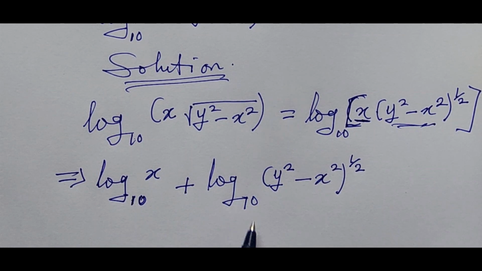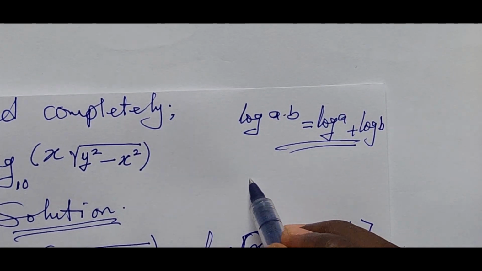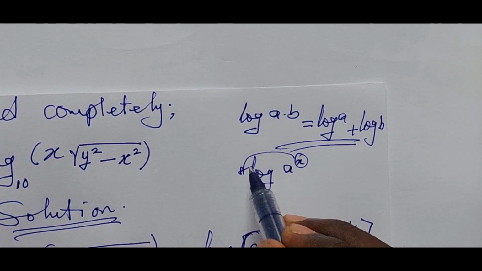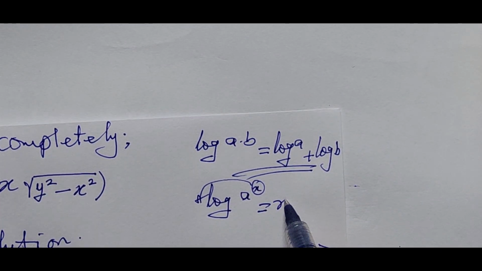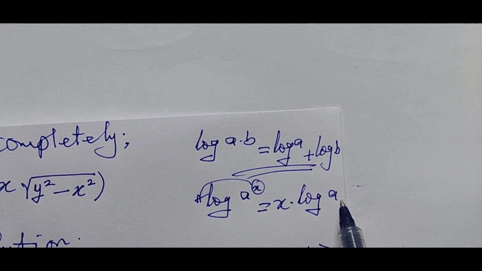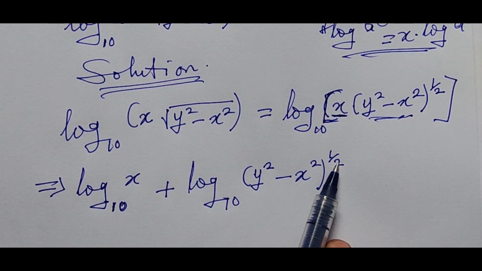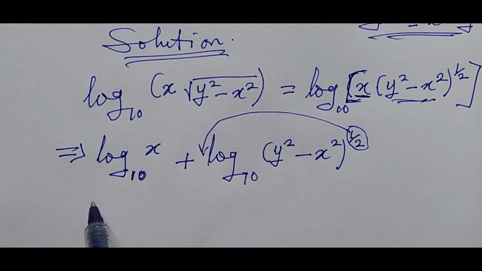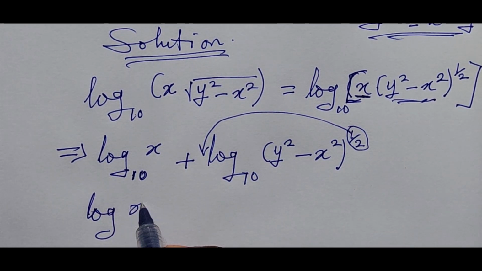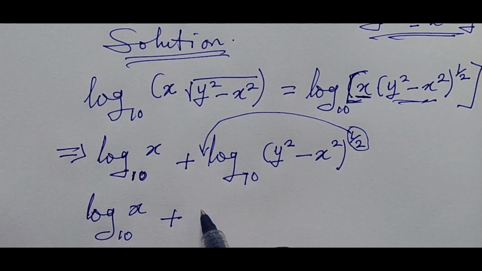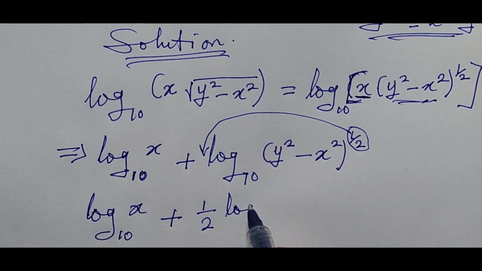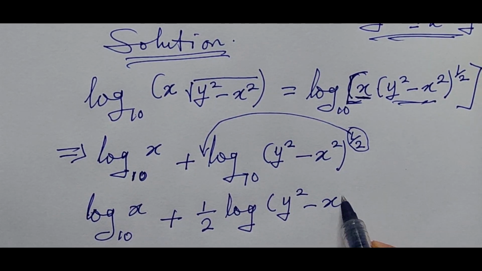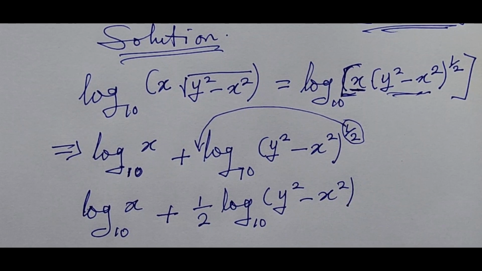It says that when you have log of a to the power of x, you move the x back to the front, giving x times log a. So we move this power back to the front. This gives us log x base 10 plus 1 over 2 times log of (y to the power of 2 minus x to the power of 2), all in base 10.